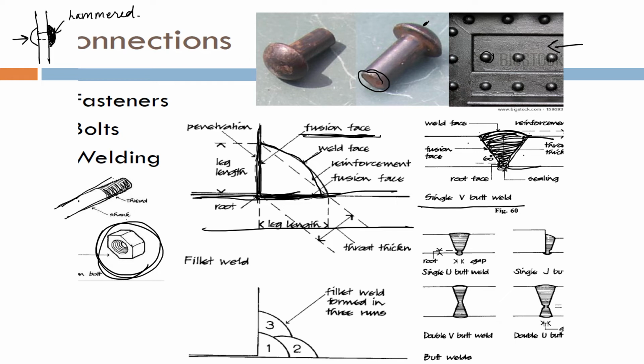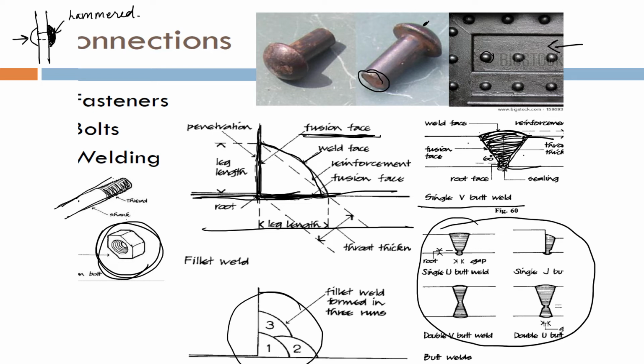This is called a single V-butt weld, and there are 4 different kinds of welds, and a fillet weld is also there, which is formed in 3 runs. So this member is first welded by this, then these are merged together and reinforced using this, and then the third weld seals the deal and it is completely secure. If you don't understand what I am explaining to you, please ask questions.